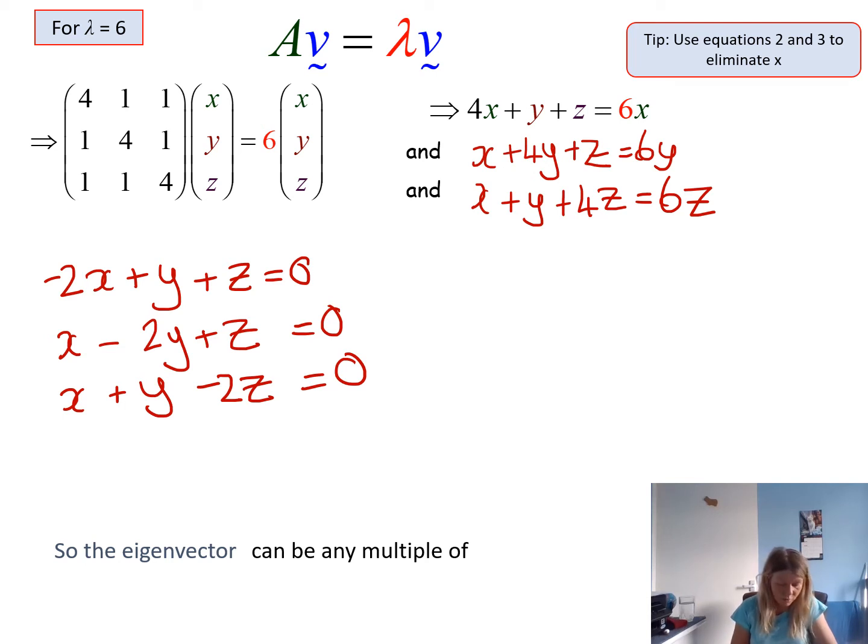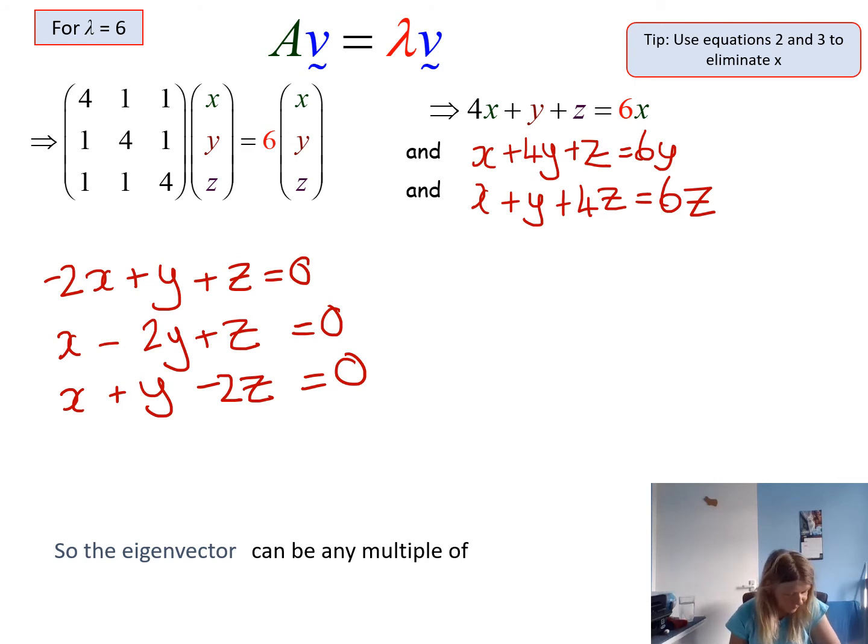And then 1, minus 2, 1, 0 is the constant, and then 1, 1, minus 2, 0. You mean there's an error? Alright, we're not going to solve it because it says there's an error.